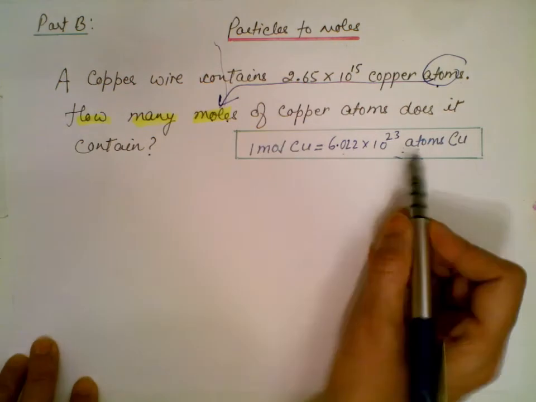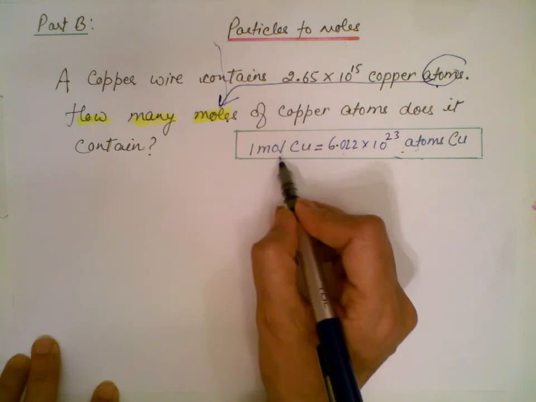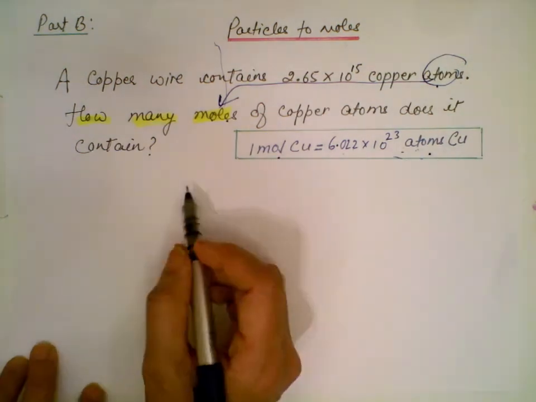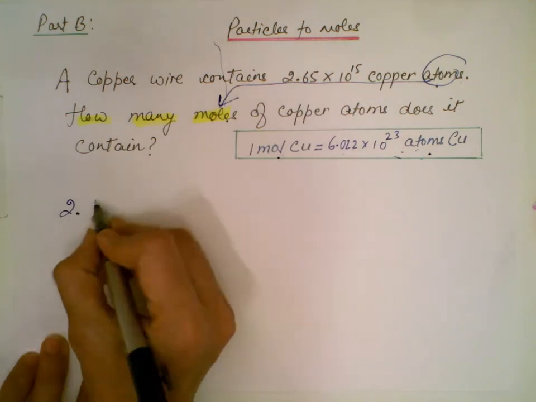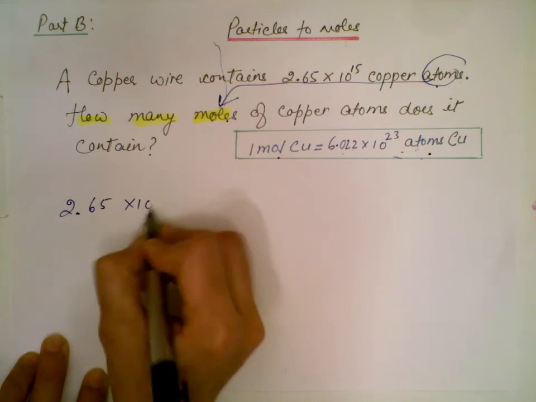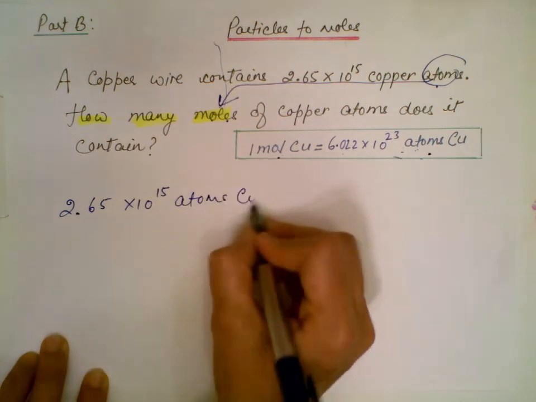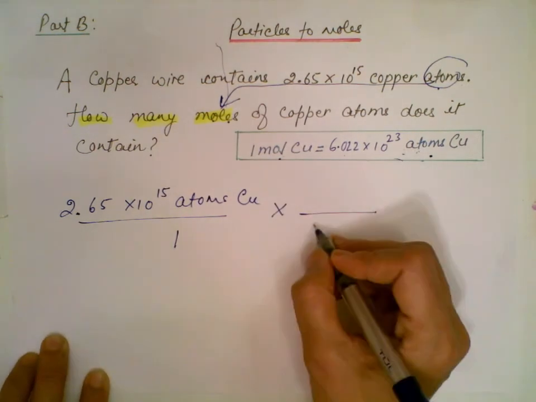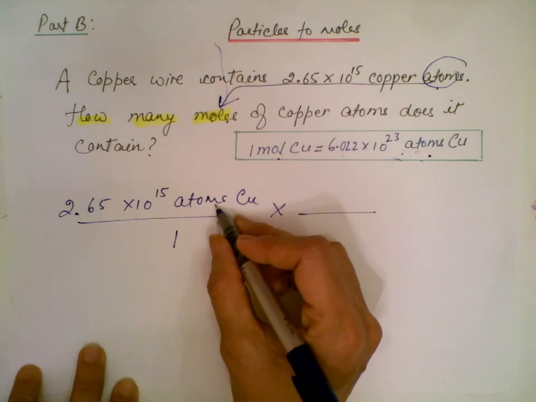So when you make a fraction out of it, you have to make it in such a way that moles are at the top and atoms are at the bottom. Let's start out with the given: 2.65 times 10 to the power 15 atoms of copper over 1, right? So what do I want to cancel? I want to cancel the atoms.